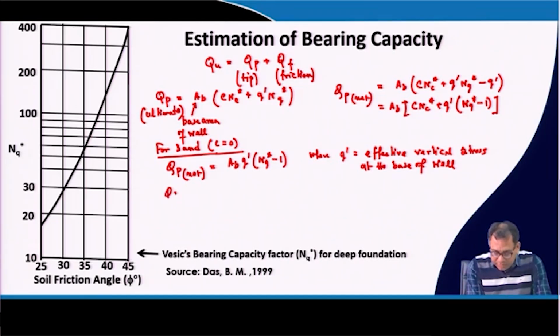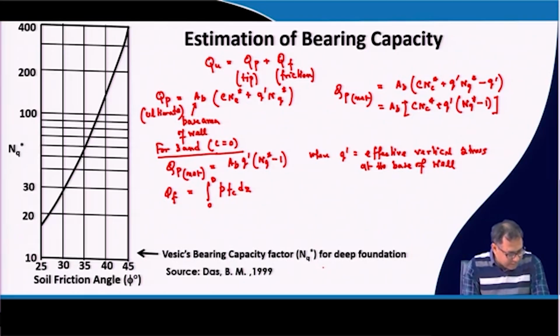Similarly, for QF, the friction part, that will be the same as the pile foundation. So, that is 0 to D, that means the total depth of the well, then this is the friction resistance, perimeter, friction resistance and dz.